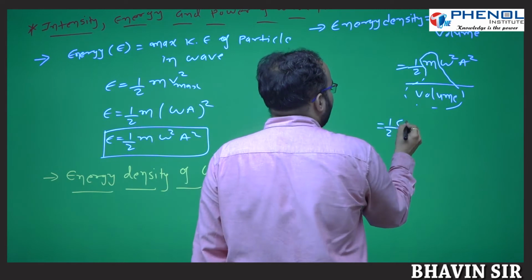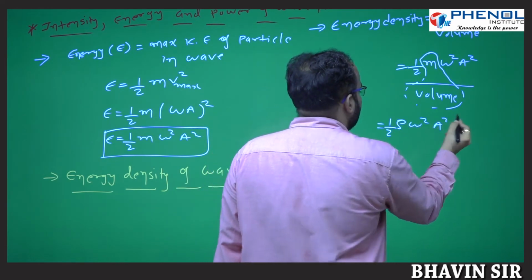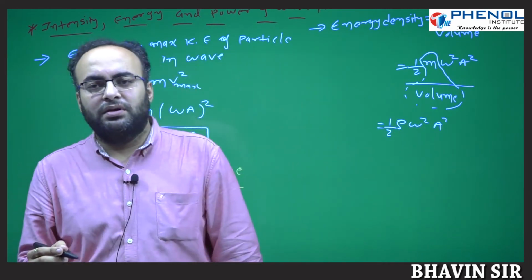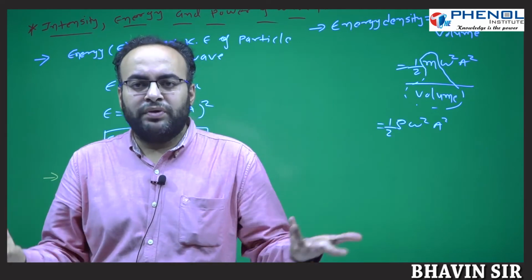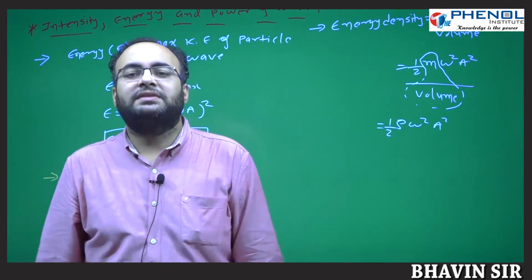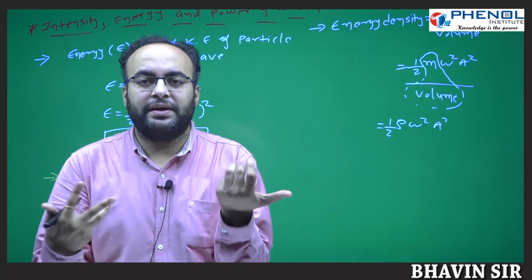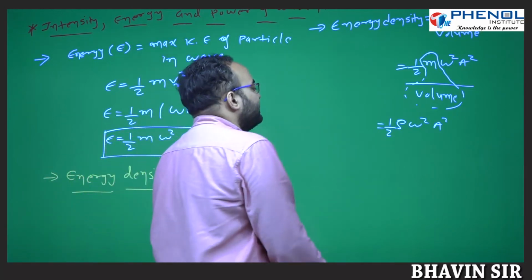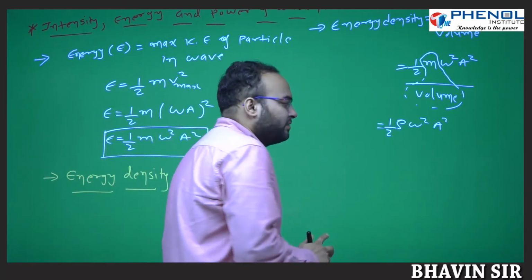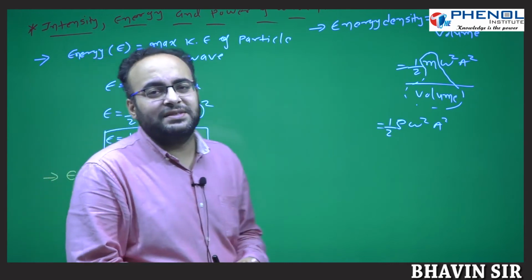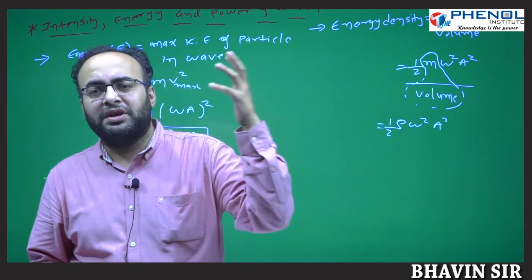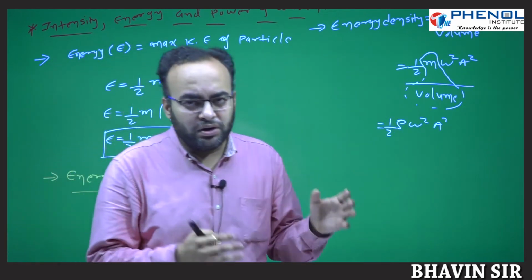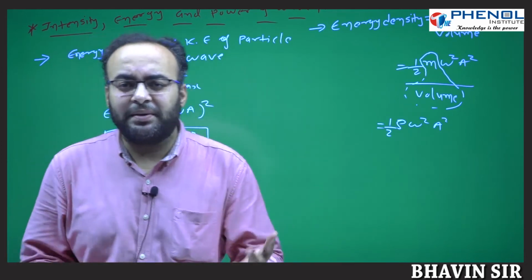Density of the medium through which the wave propagates. Say for a sound wave, what is the medium? Air. So we consider density of air. Okay, so rho is the density of medium. So this is the formula of energy density. Energy density means energy per unit volume, so divide by volume, and mass by volume is density.